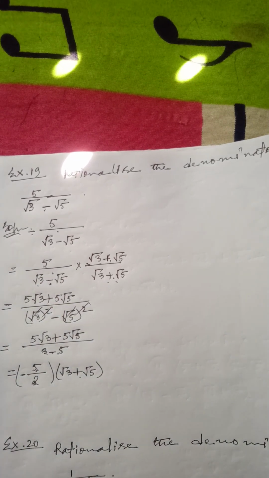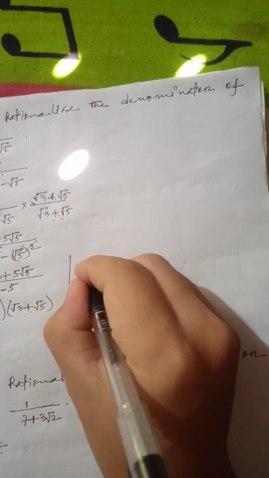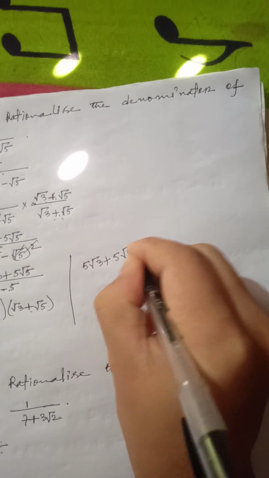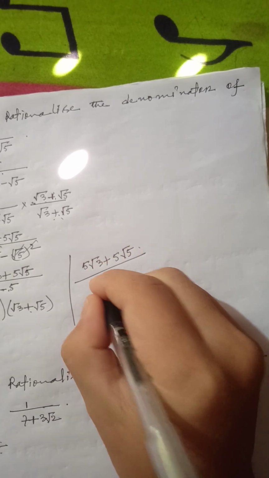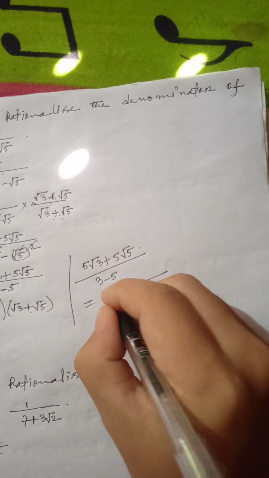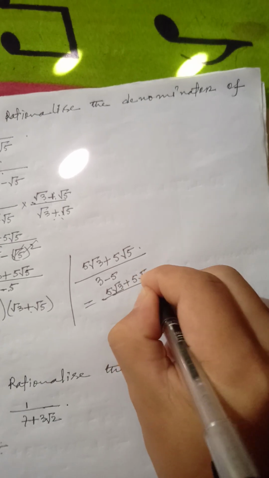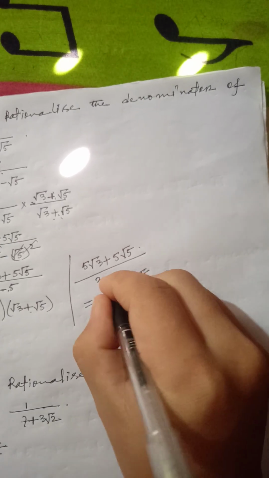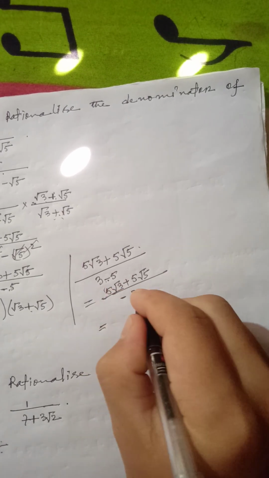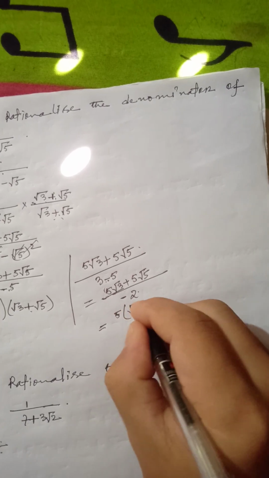Or, 5 root 3 plus 5 root 5 divided by 3 minus 5. If we expand a little bit more, 5 root 3 plus 5 root 5, and if you subtract in the denominator, it will give 2, and the greater number has the minus sign.